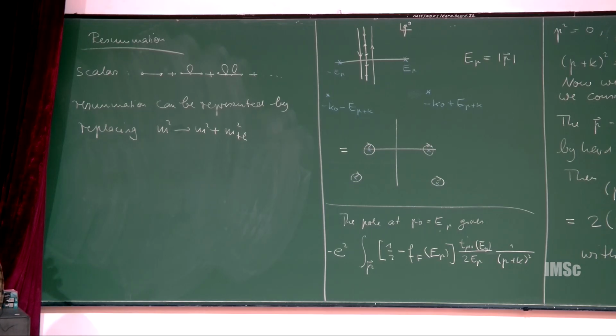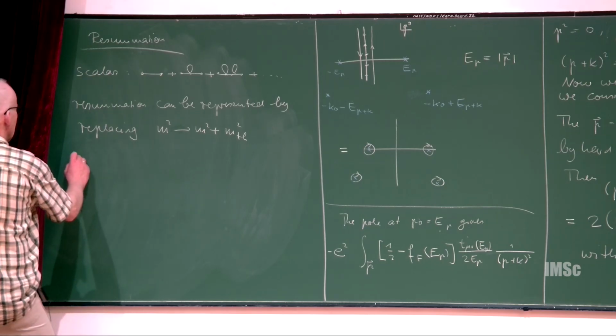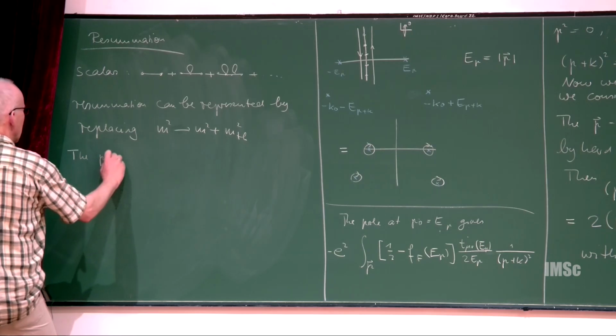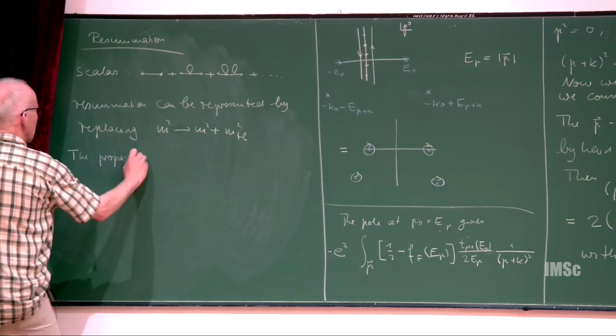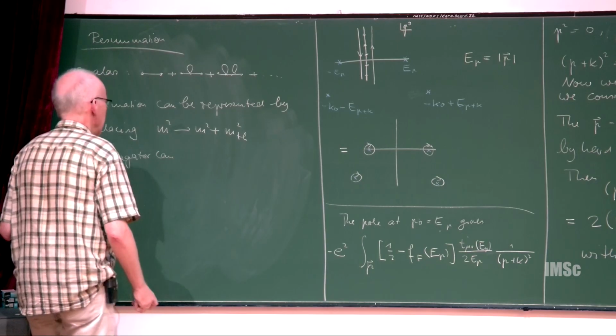Now you can formally state it like this: the propagator can be obtained from some effective action.